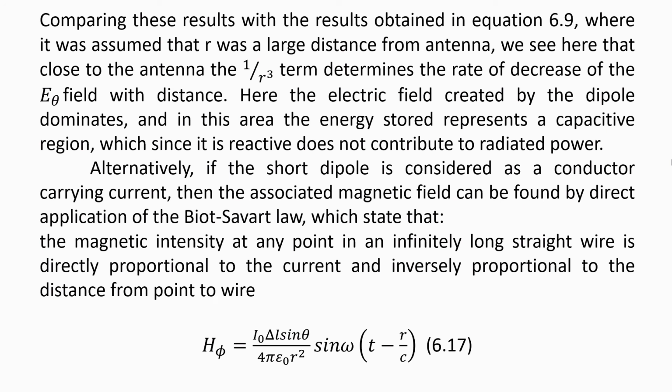So alternatively, if a short dipole is considered as a conductor carrying currents, then the associated magnetic fields can be found by direct application of the Biot-Savart law, which states that the magnetic intensity at any point near an infinitely long straight wire is directly proportional to the current and inversely proportional to the distance from the point to the wire.